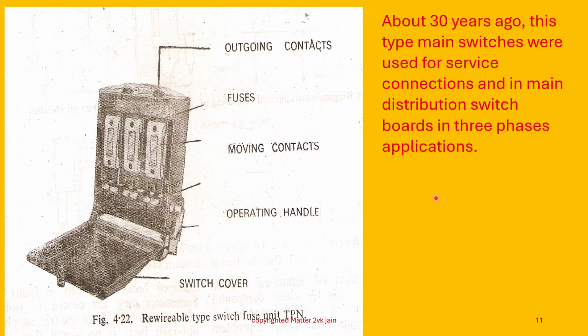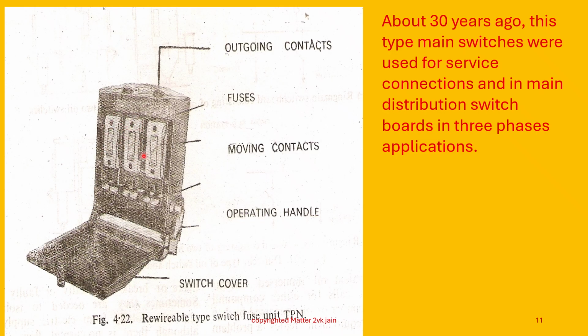Friends, about 30 years ago, this type of main switch was used for service connections and in main distribution switchboards of three phase applications. This will have three fuse carriers.